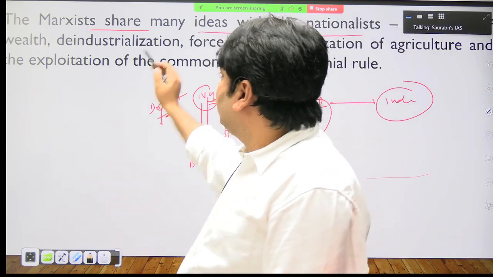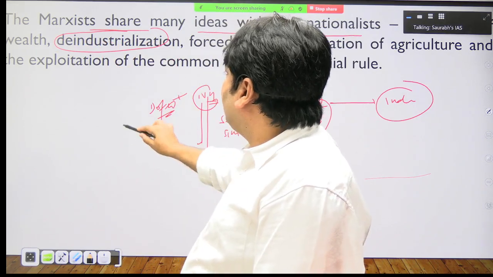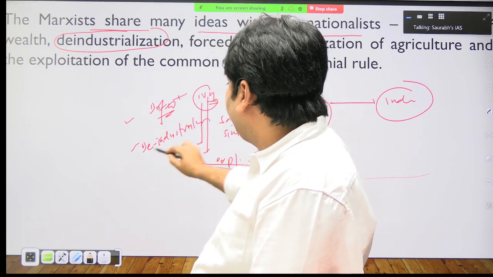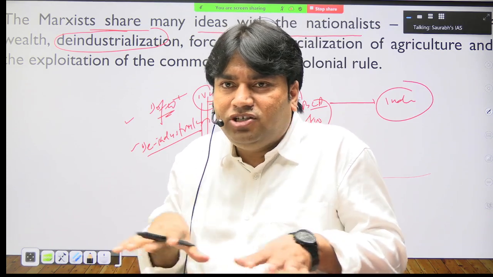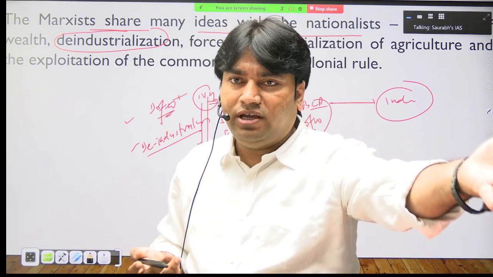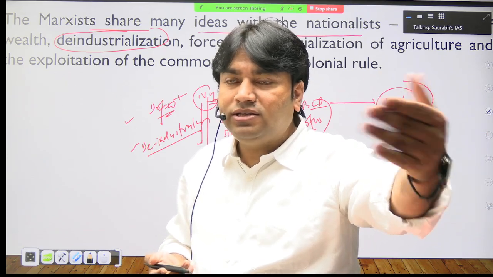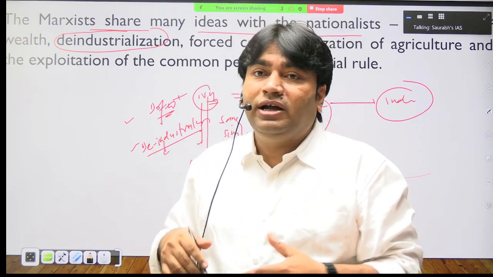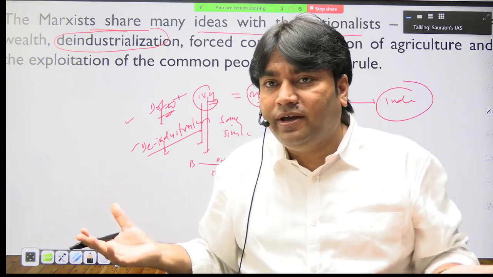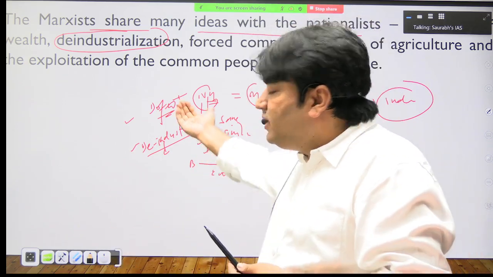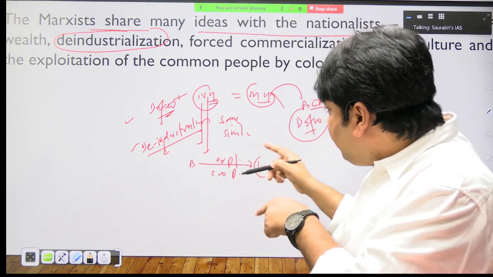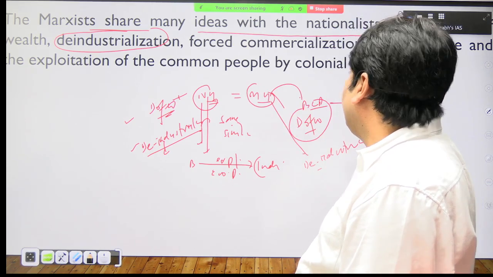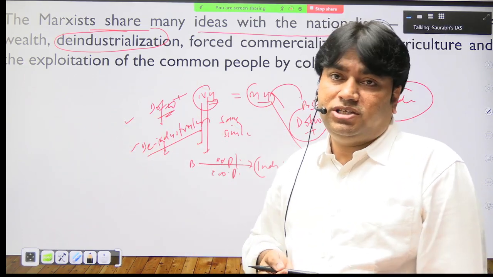Nationalist historians were also believing that British economic policies ensured de-industrialization of India. ठीक है, इंडिया में जो पहले से ट्रेडिशनल इंडस्ट्रीज थी उनको डिस्ट्रॉय कर दिया ब्रिटिश इकोनॉमिक पॉलिसीज ने. The same viewpoint is shared by Marxist historians. ये भी कहते हैं कि इंडिया में डी-इंडस्ट्रियलाइजेशन ब्रिटिश इकोनॉमिक पॉलिसीज की वजह से ही हुआ.